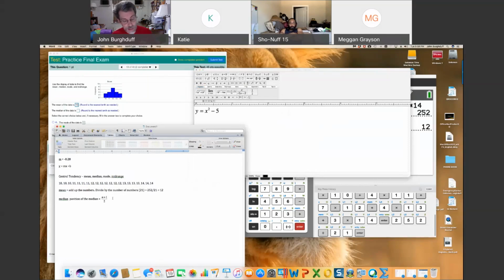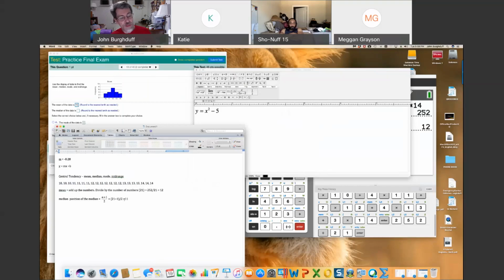So in this case, we counted up the number of numbers and there were 21 numbers. So you take 21 and you add 1 and then you divide by 2. 21 plus 1 is 22, divided by 2 is 11.